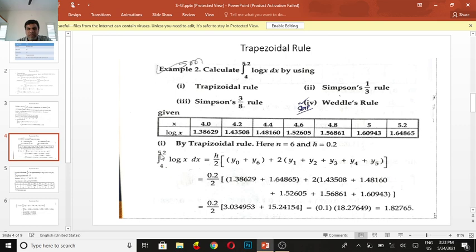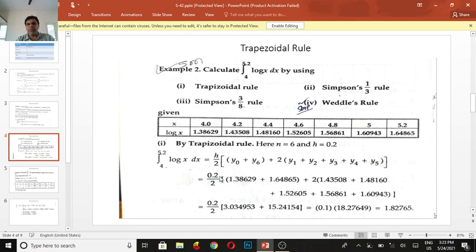So integral from 4 to 5.2 of log x dx is equal to h by 2 of y0 plus y6 plus 2 times of y1 plus y2 plus y3 plus y4 plus y5. Now substituting, each interval difference is 0.2.